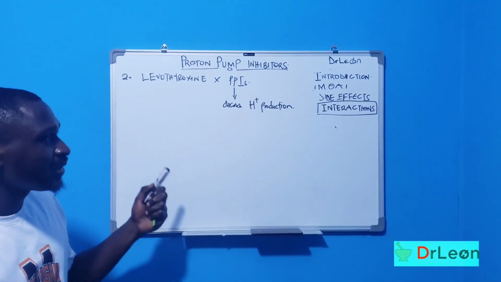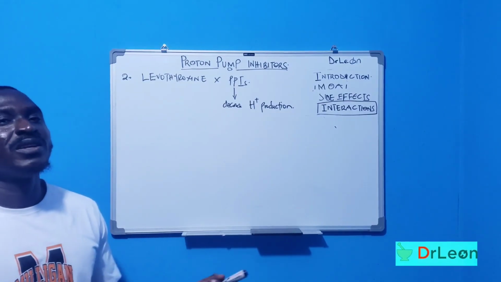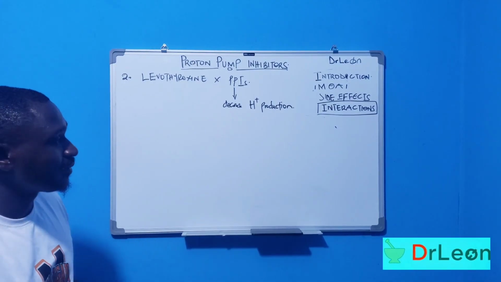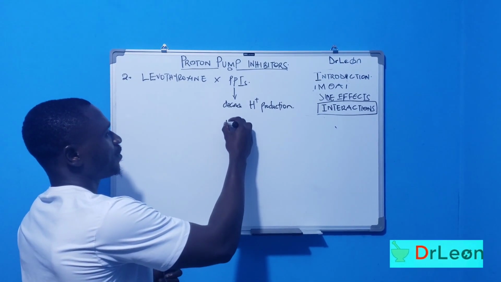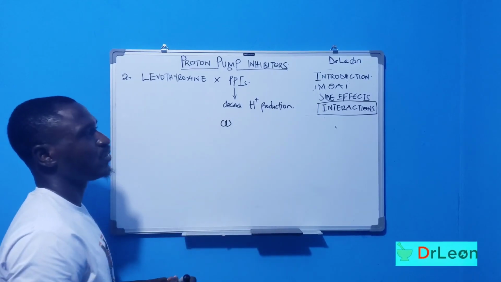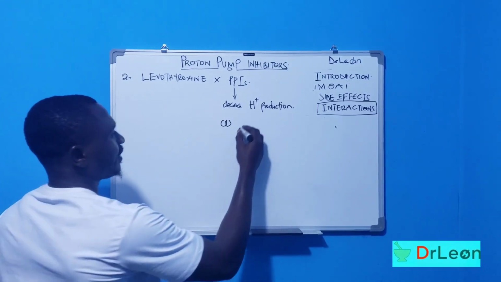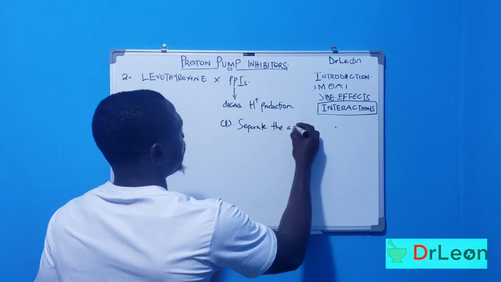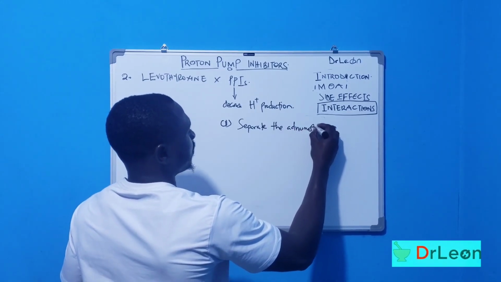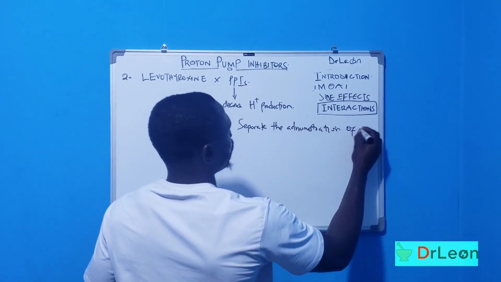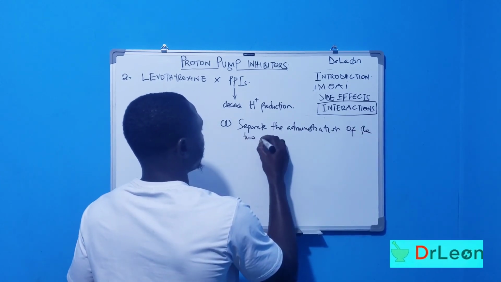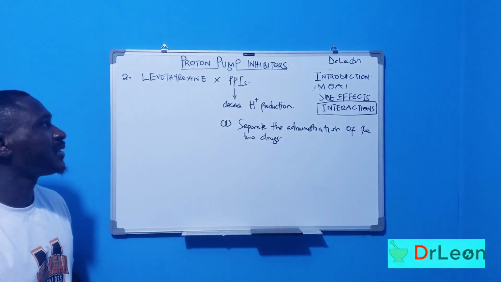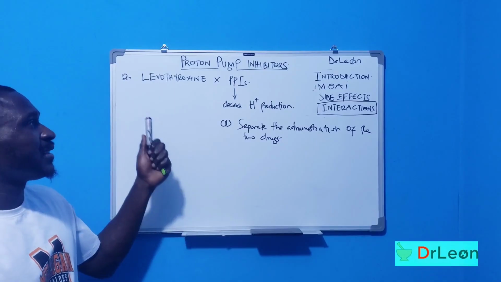So with this one, how can we help the patient, or how can we solve this situation? One of the ways to solve the situation is to separate the administration of the two drugs. So you counsel the patient that he or she should take the levothyroxine first.